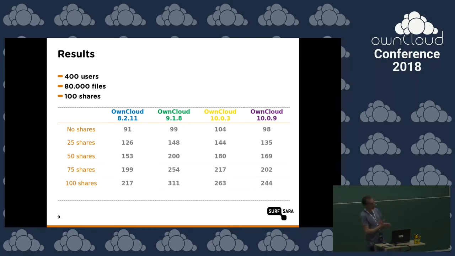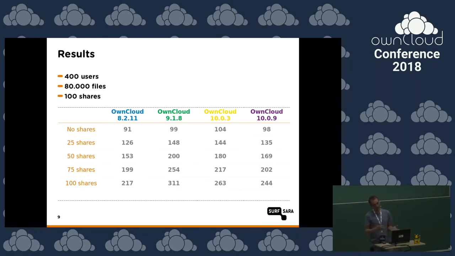What I would have liked to present to you today is a test with, let's say, 4,000 users and 1 million files. Unfortunately, I didn't manage to do it with the current tooling. JMeter is really good for load testing, so you run a load test for a relatively short amount of time.